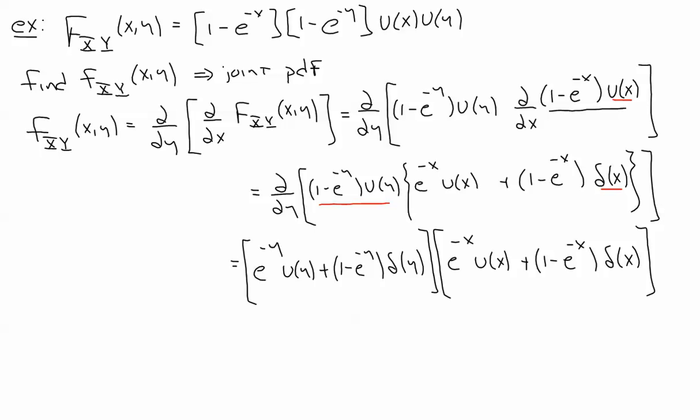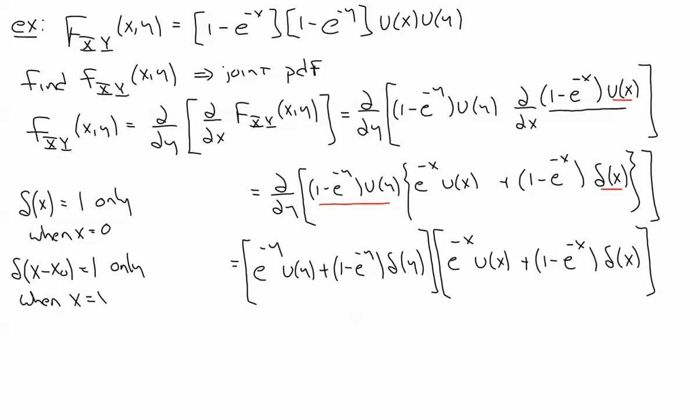Now, remember, a delta function equals 1 only at the origin. Or more generally, delta of x minus x naught equals 1 only when x equals x naught. When the argument of my delta function equals 0, then my delta function is 1.